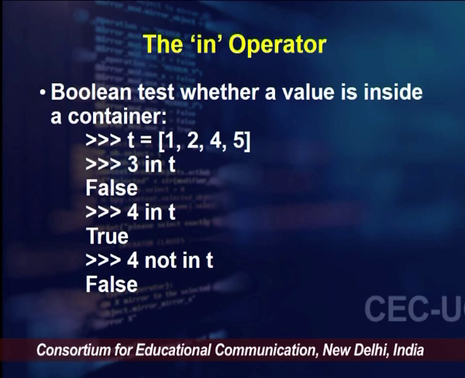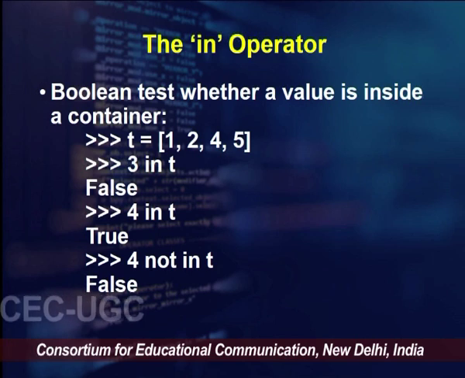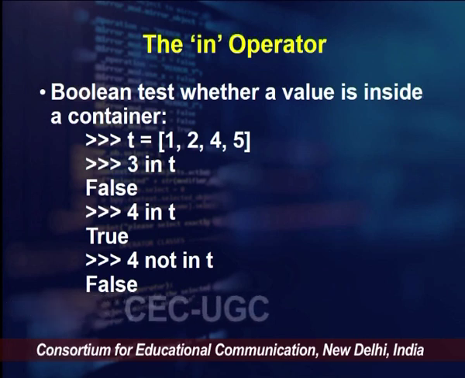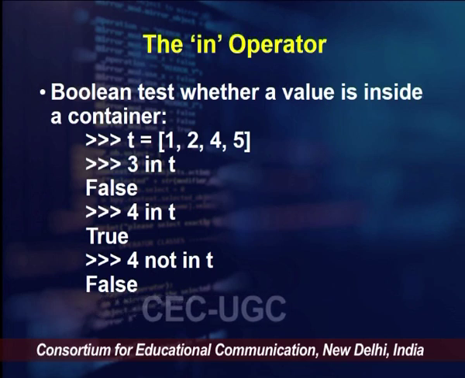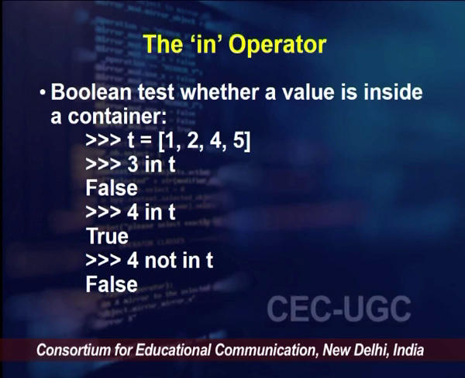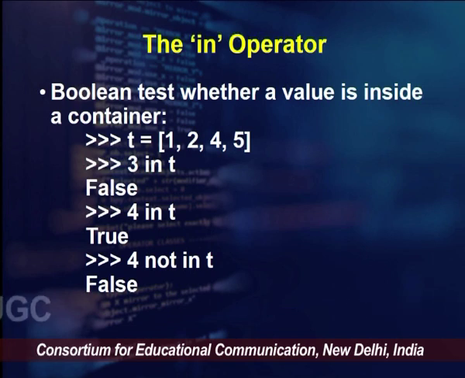It gives a Boolean test whether an item is present in the tuple or list or not. In this example, we create a tuple 1, 2, 4, 5 and check whether 3 is in T or not. Obviously it gives false. So, this is the in operator.